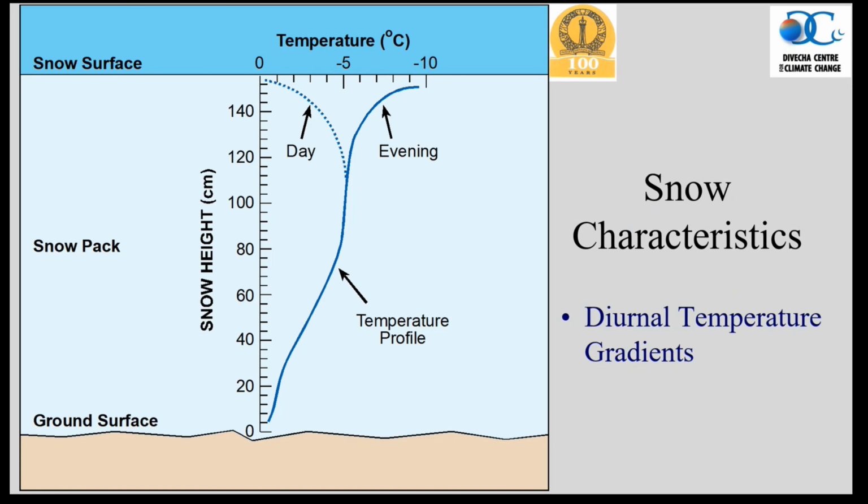So there is also change in the snowpack because of the diurnal variation in temperature. What it means is that, you can look here, if you have around a 1.5 meter thick snowpack, then the daytime temperature will be substantially high.